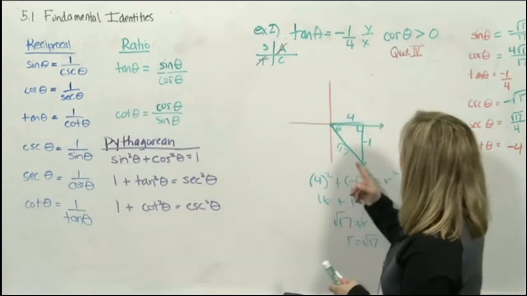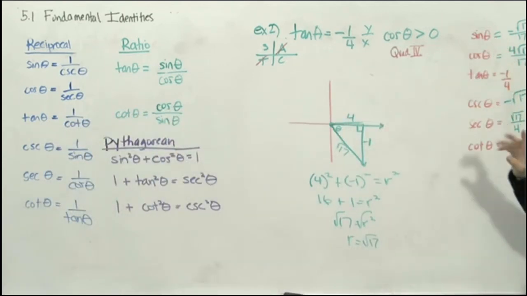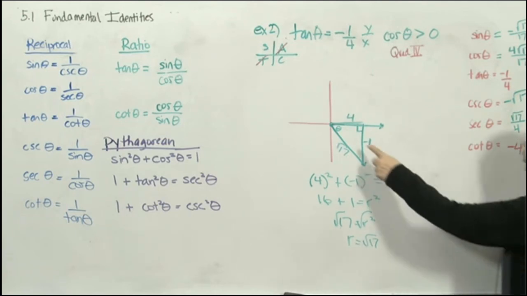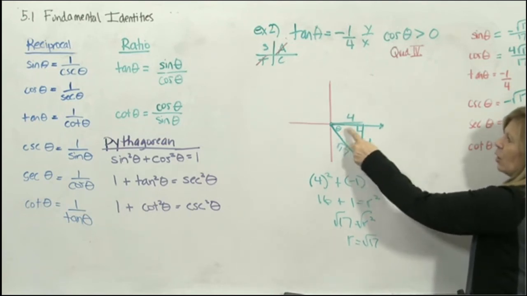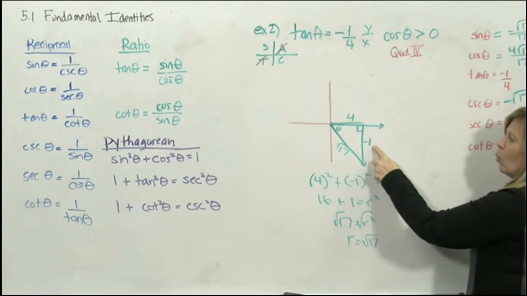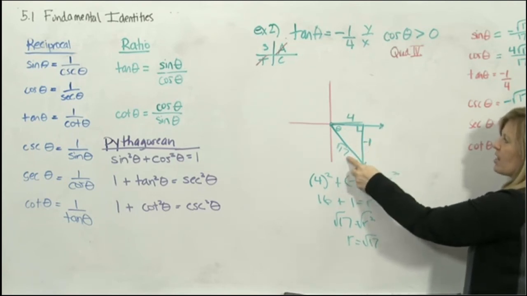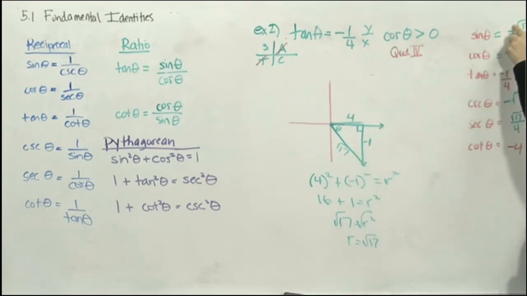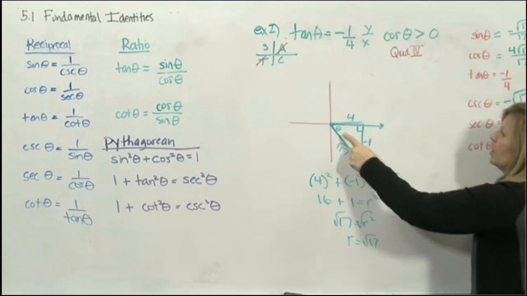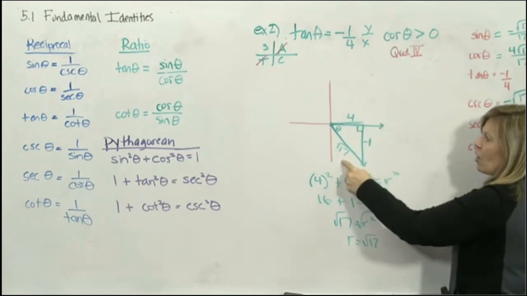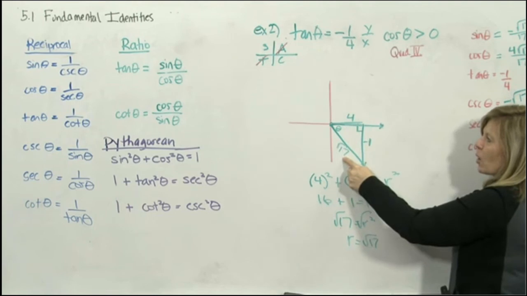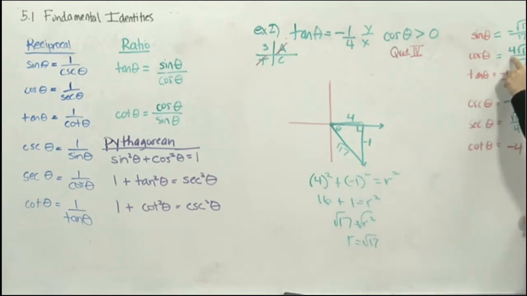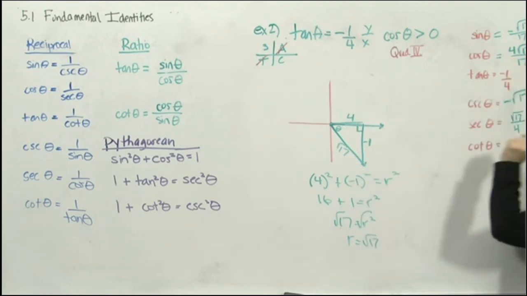Then we applied our definitions we memorized. So I'm going to verify that these answers are correct algebraically by checking. So here we go. Sine is y over r. -1 over square root of 17 is negative square root of 17 over 17. Cosine is x over r. 4 over square root of 17 rationalizes to 4 square roots of 17 over 17.